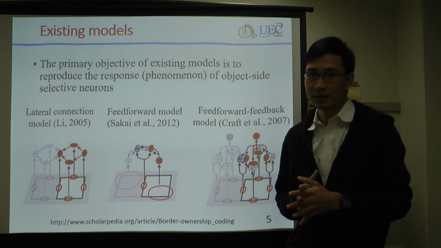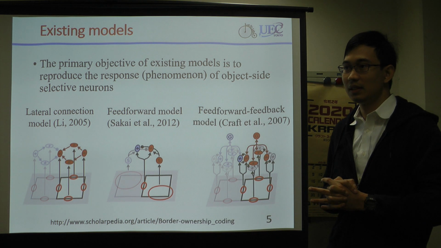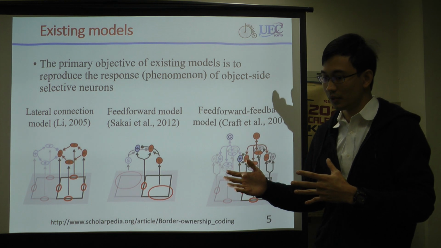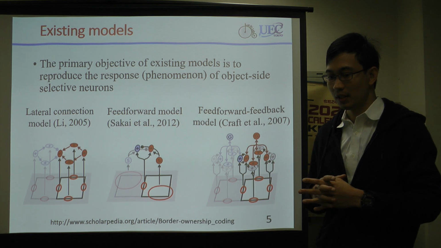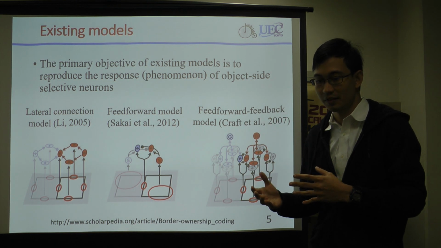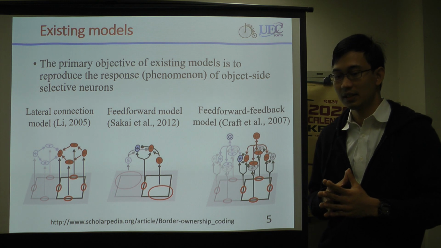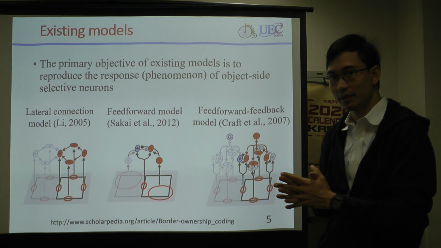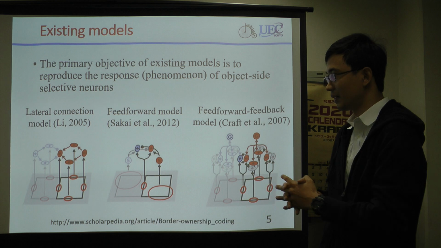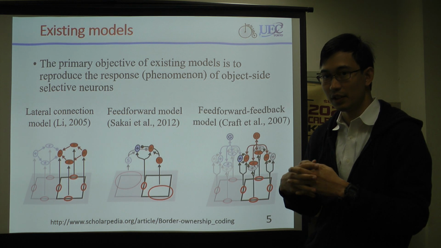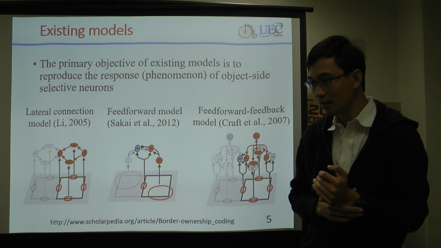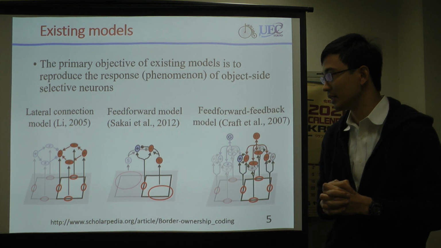The primary objective of these existing models is to reproduce the response of these object side selective neurons. And you can group them into three different groups according to the kind of neural connections they use.